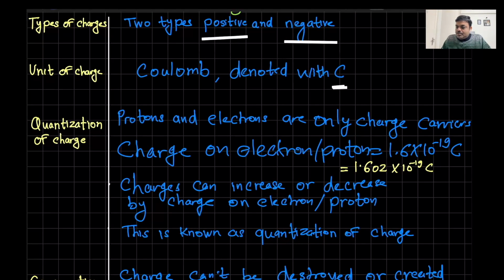Also, charges can increase or decrease minimum by the charge on an electron or proton. What does it mean? As we know, electrons and protons are responsible for the existence of charges in this universe, hence the minimum possible amount of charge is this 1.602 times 10 raised to power minus 19 coulombs. So any charge in this universe can be written in this format.